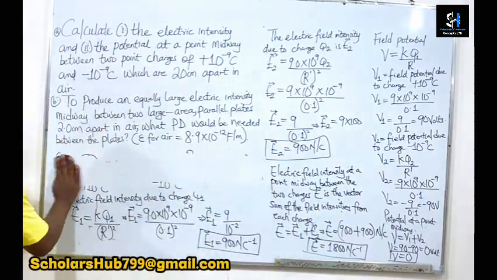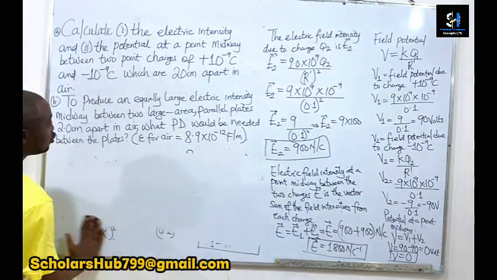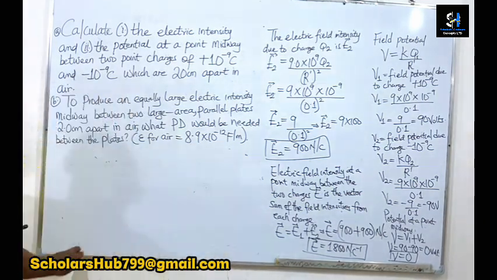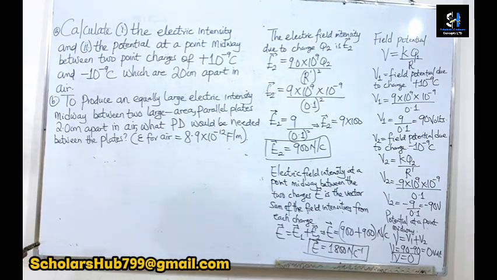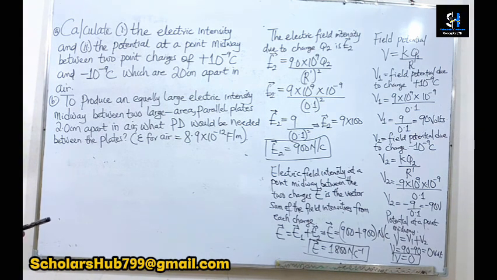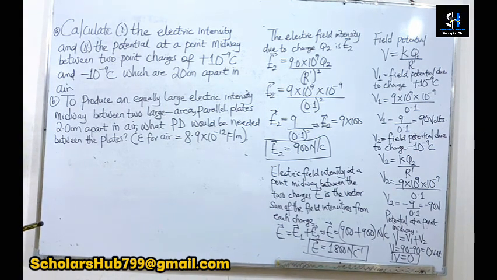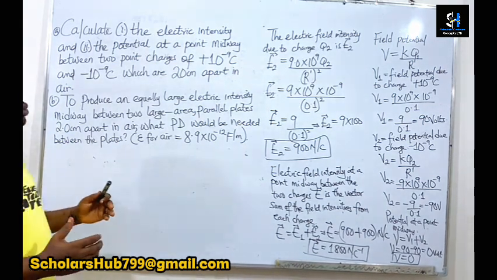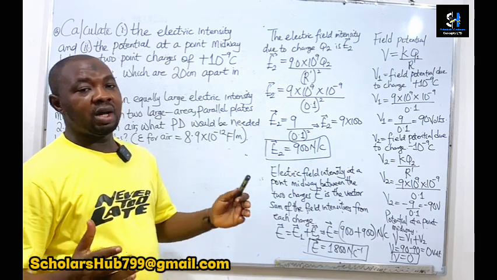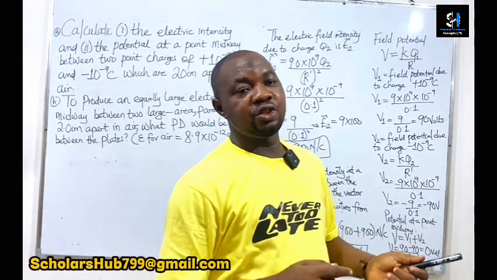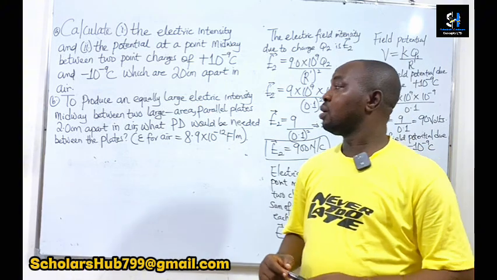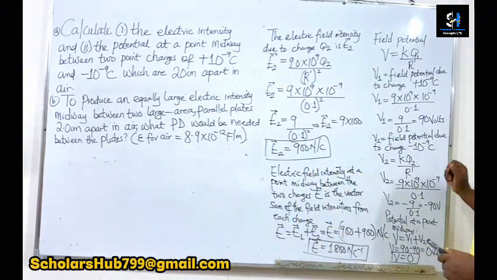Then B, to produce an equally large electric intensity midway between two large area parallel plates, 2.0 centimeter apart in air, what potential difference will be needed between the parallel plates? Okay, so in this case, we're going to use the formula connecting electric field intensity with electric potential.